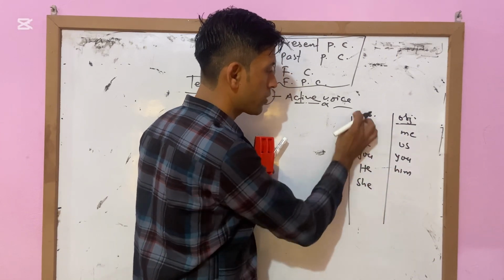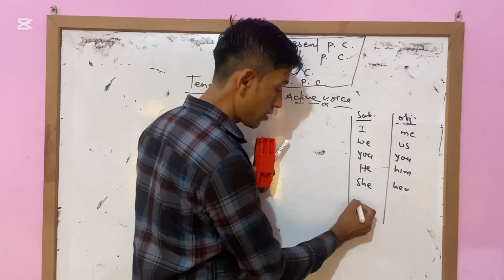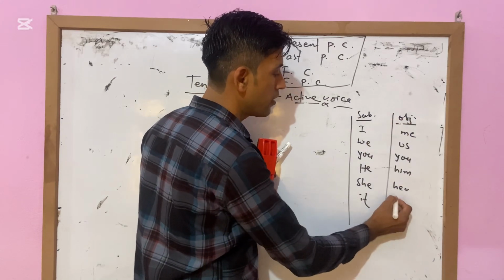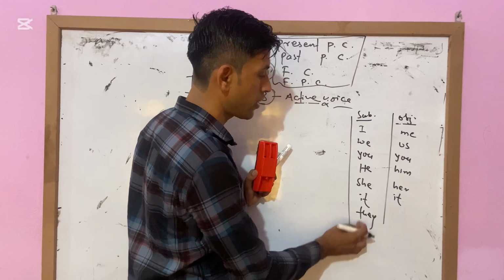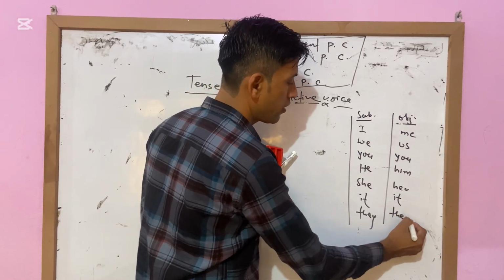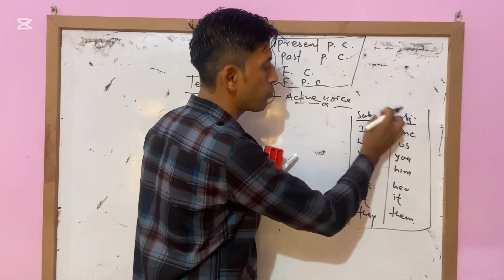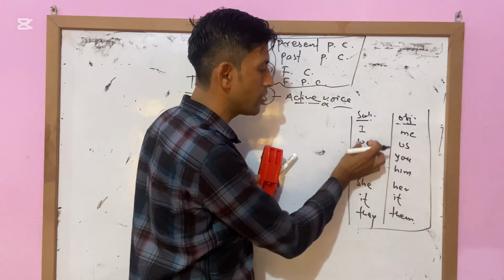She is the subject, so the object is her. It is the subject, the object is it, the same, right? They is the subject, so the object is them. It means me is an object, its subject is I; us is an object, its subject is we.